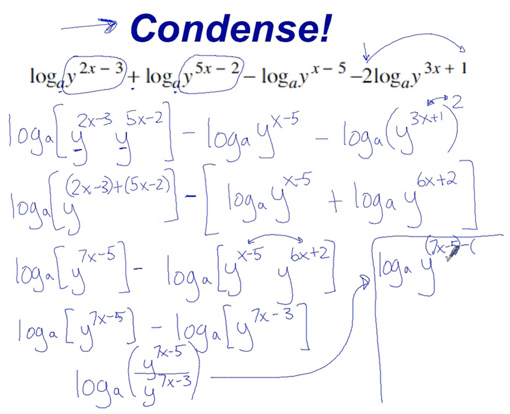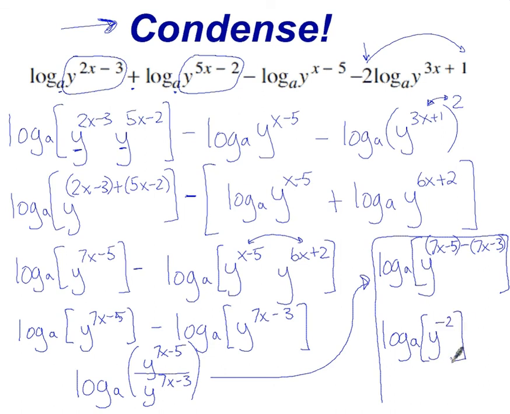Now this is all the argument of the logarithm. Last step then: log base a, and y is inside the logarithm. 7x minus 7x, that's 0x. And negative 5 subtract negative 3. Be careful here. Negative 5 subtract negative 3 makes negative 2.